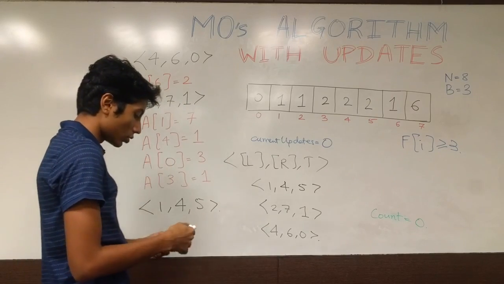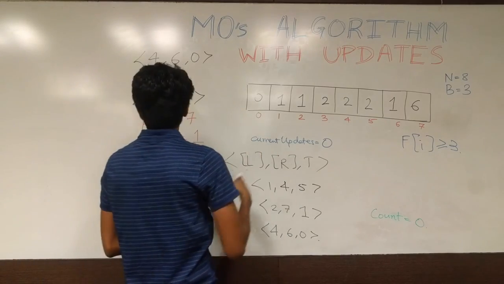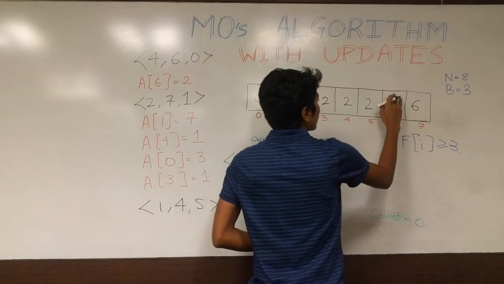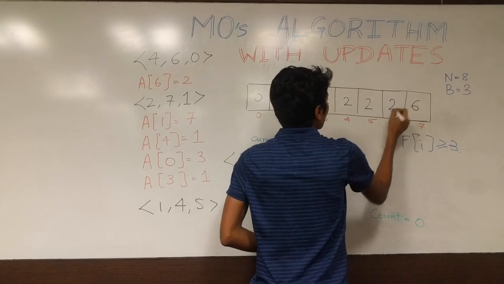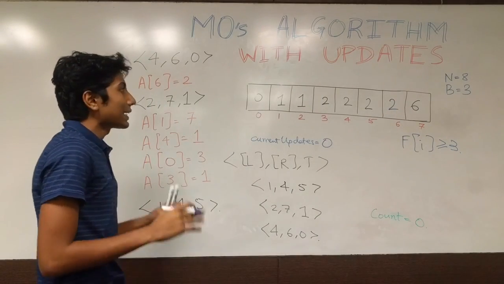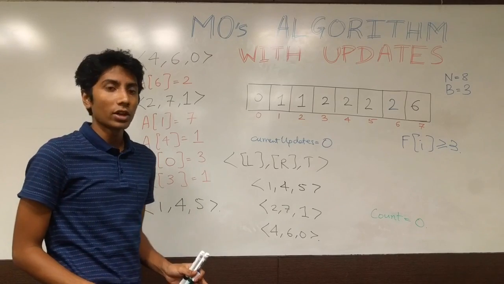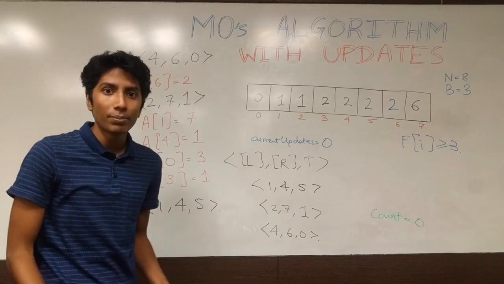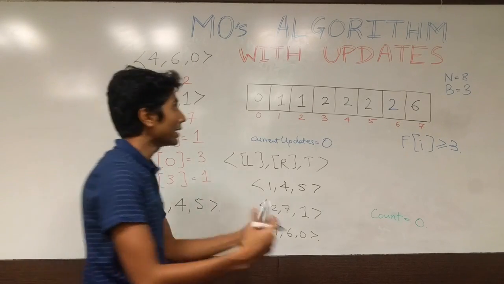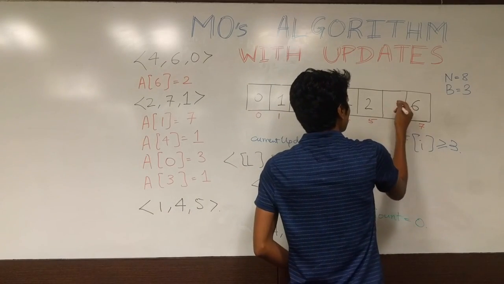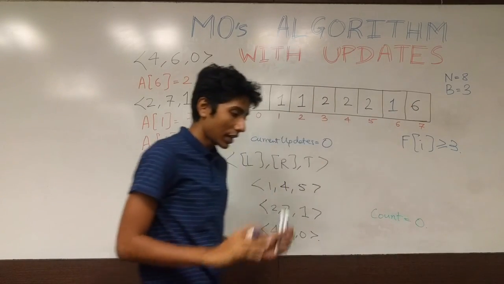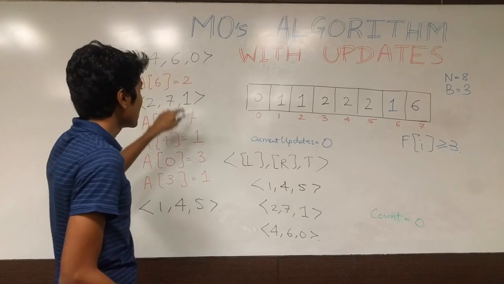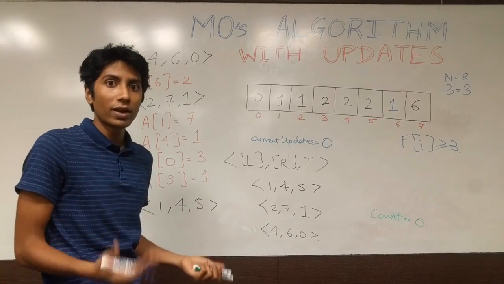A of 6 becomes 2. So I'm writing that in blue. A of 6 becomes 2. But that's not the only information that you need to have. What if you need to undo these updates? So quickly, before I forget, I'm going to make this back to 1 and set these values according to what the previous value was.